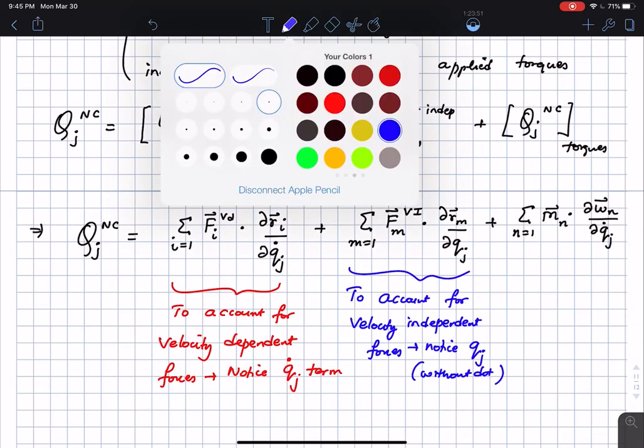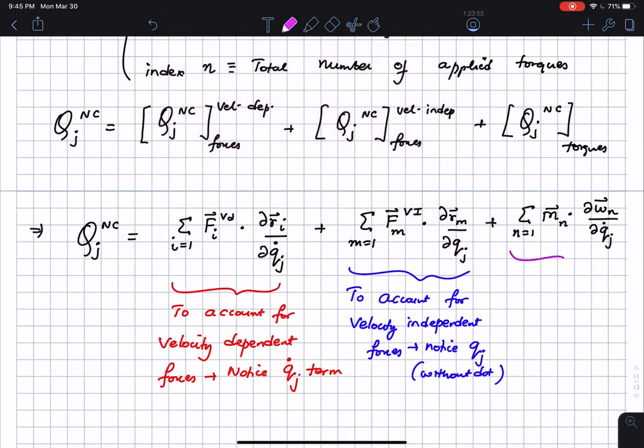And then the last term here is of course for the torques, to account for any applied torques.